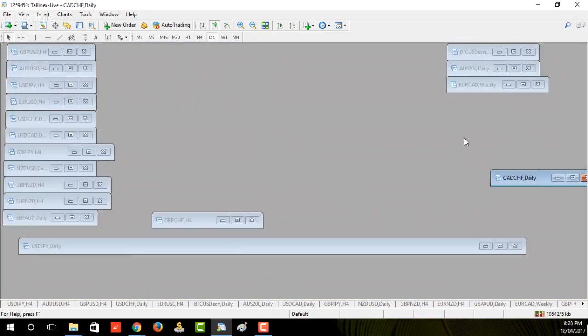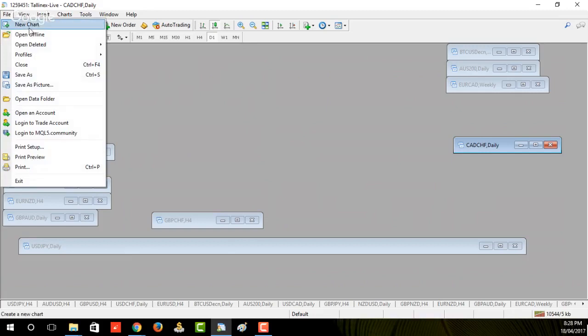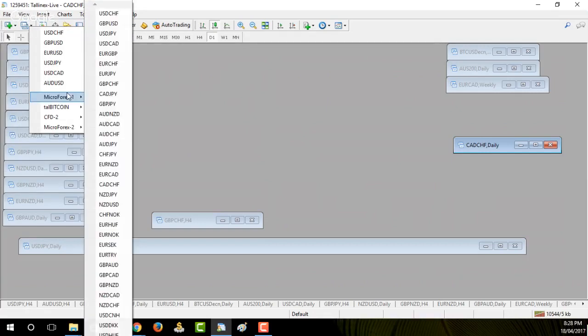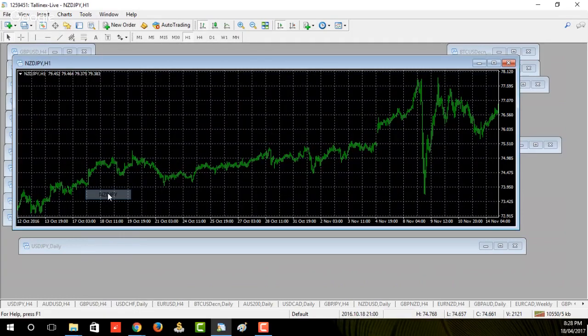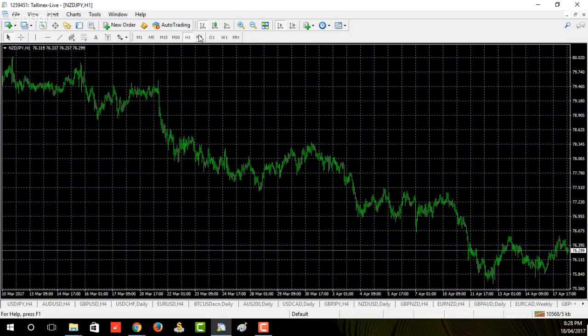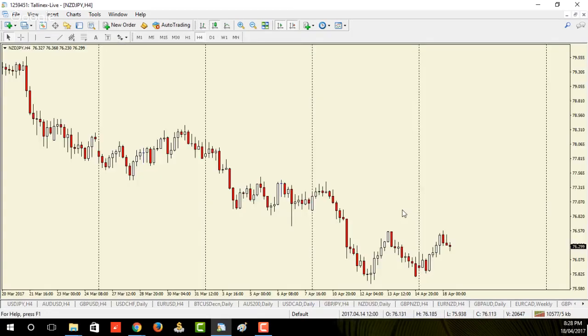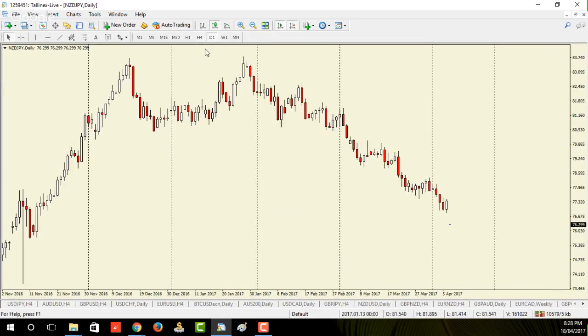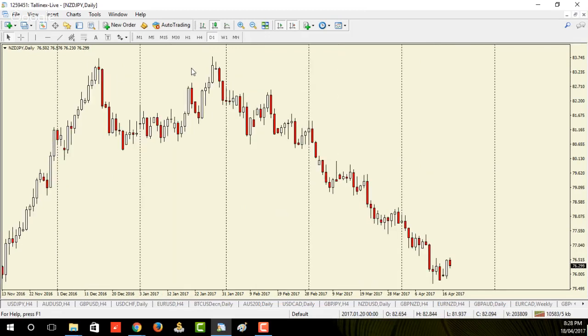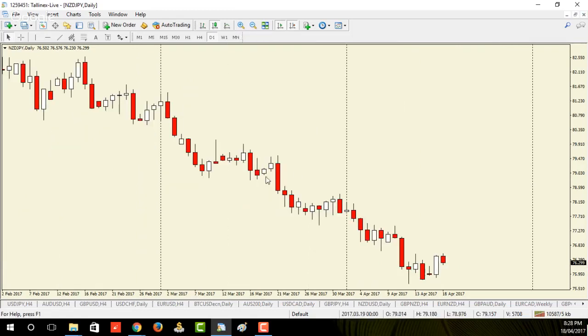Okay. Now, if you're not looking at reversals or swing trades, if you're trying to go with the flow or go with the trend, then you could be trend trading. Let me see here. Yeah, the Kiwi's been in a nice trend.